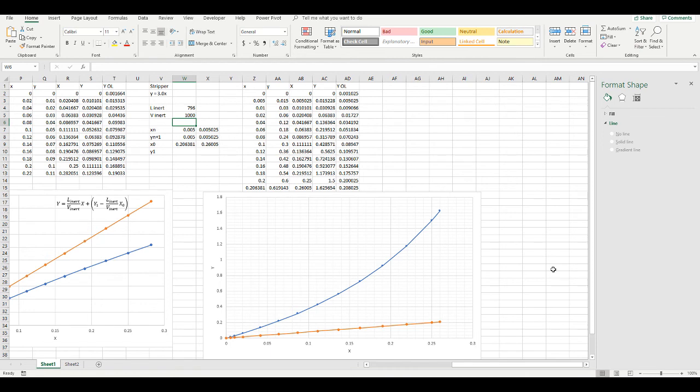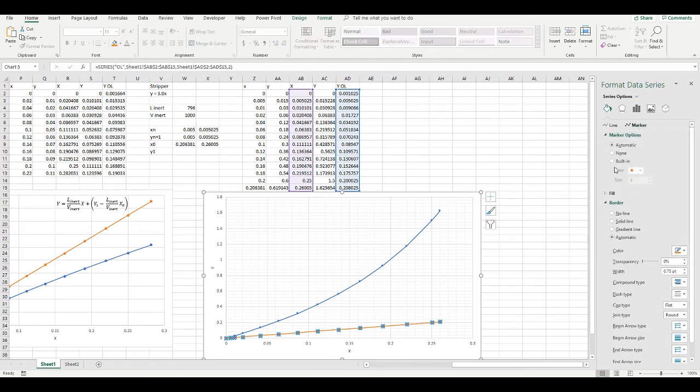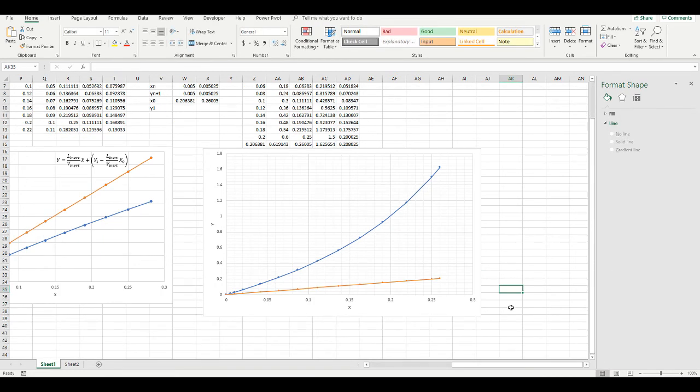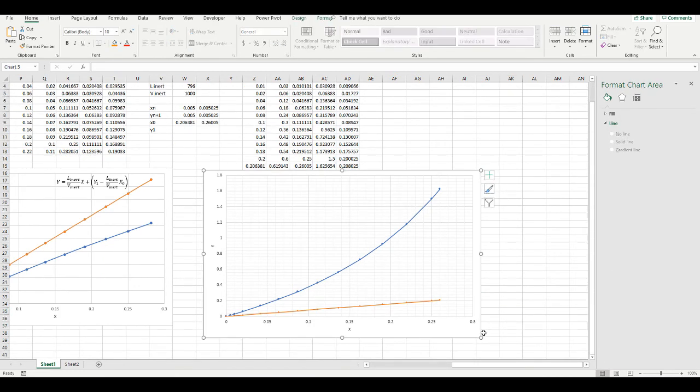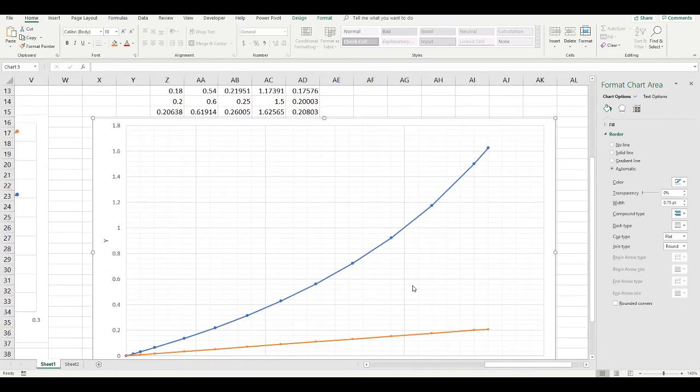The way I've set up the graph makes it quite easy to trace the McCabe lines because the McCabe lines will start at the end of our operating line, and they will continue to the very first dot here, or the second dot actually. So I'm going to make this marker a little smaller to make drawing it a bit easier. And now let's zoom in and take a look.